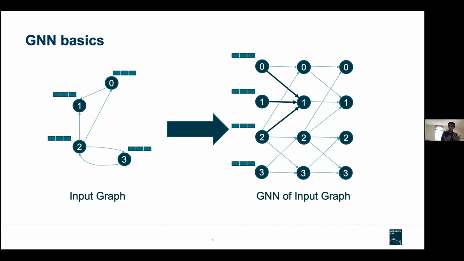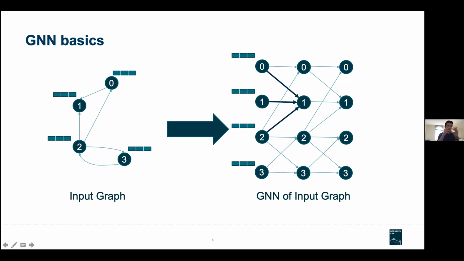And so if this were a social network, for instance, like the Facebook graph, each of these feature vectors could represent meaningful information about a user. So it could be age, favorite movies, how many people mention this person on the internet, something meaningful about the user.